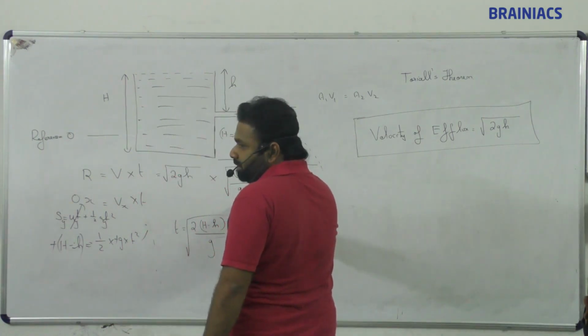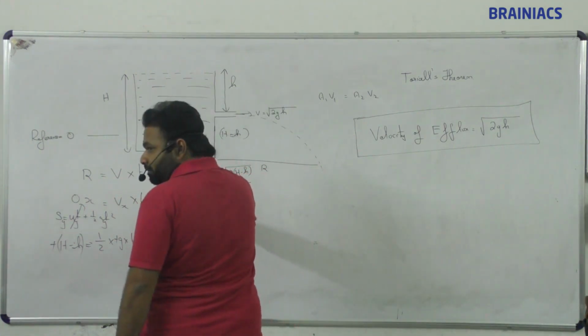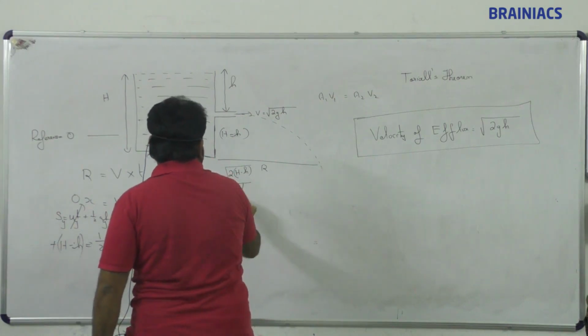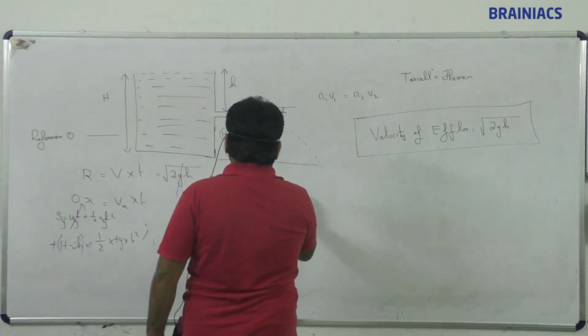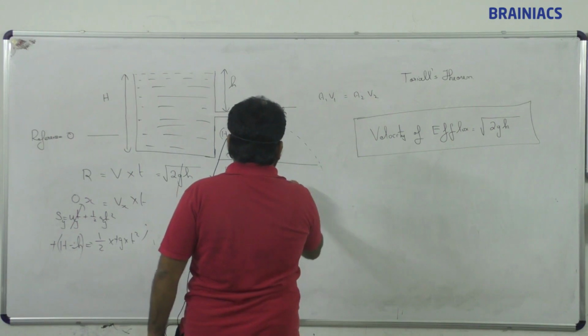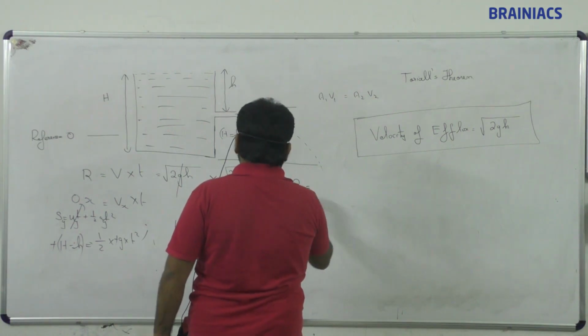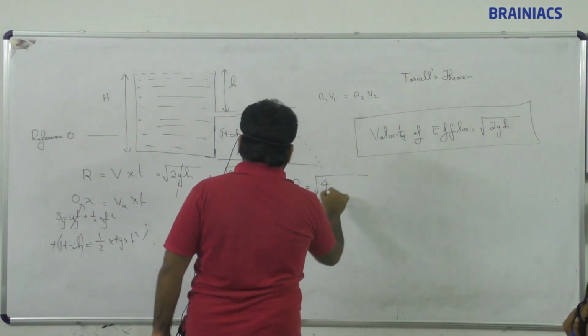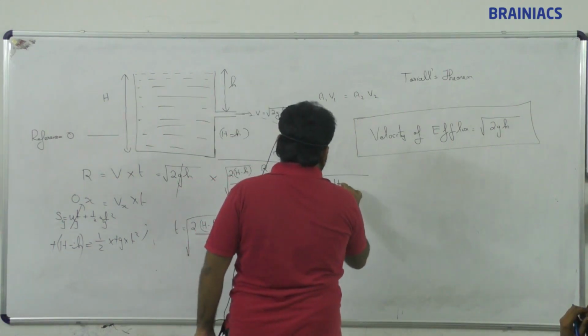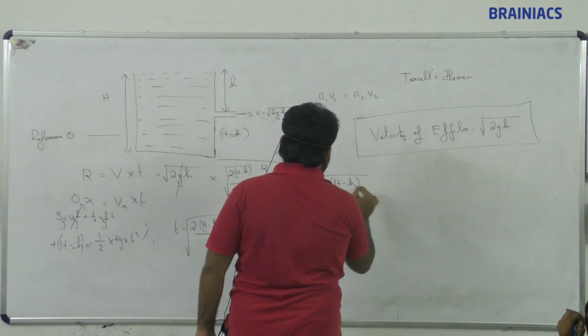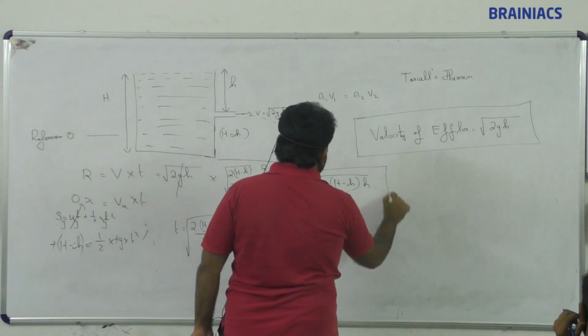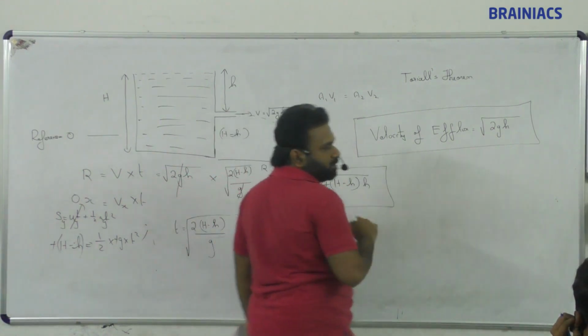This is also root g, this is also root g. They cancel. So this is equal to, range is equal to what? Root of 4 into h into H minus h, this is the range of this flow.